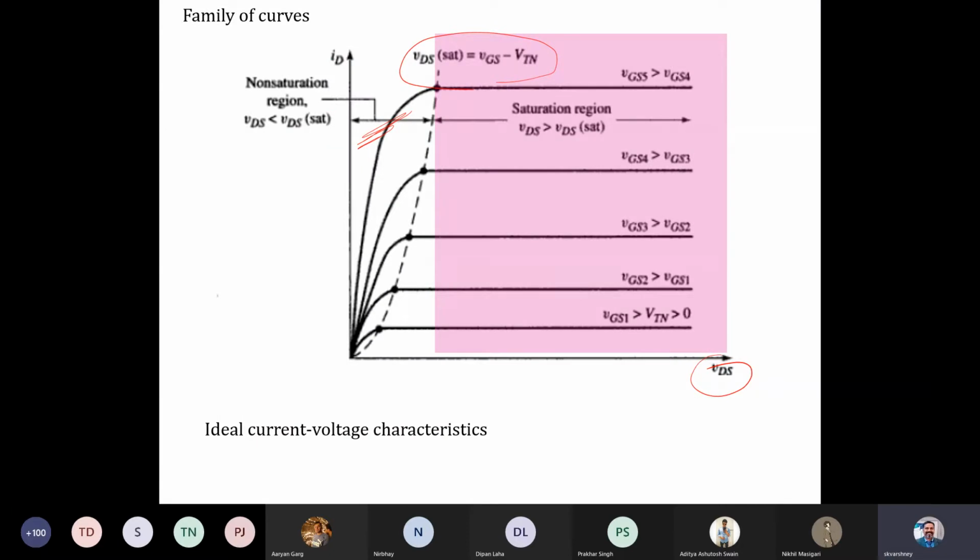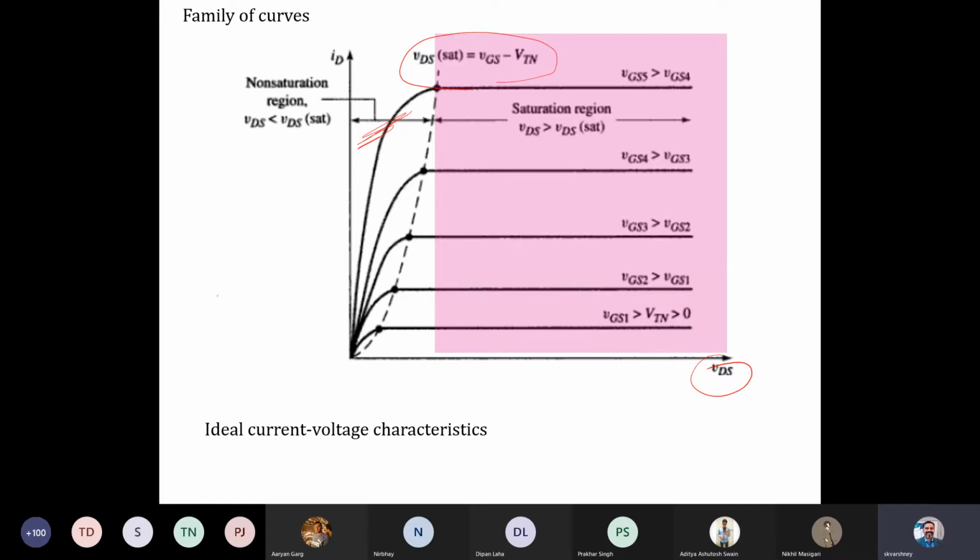So now I come to this equation. Oh, sorry, not this, but the family of curves. I think we discussed it before also. Just to recall, we are going to work out onto this load line, right? So these are the set of different curves. Let's say we put a gate to source voltage of 2 volt or 3 volt, which is much larger than VTN.